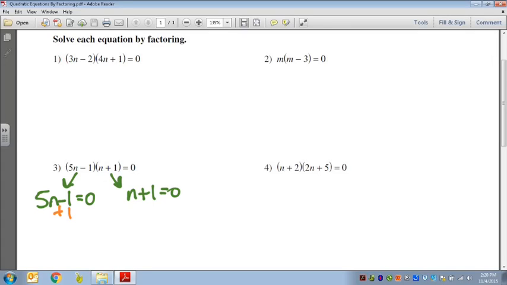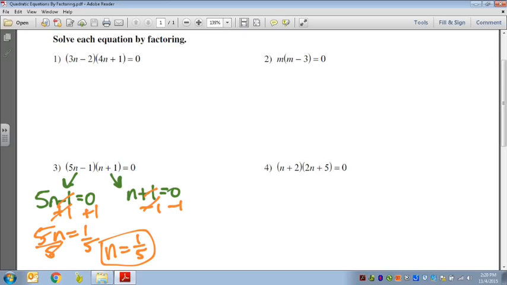Let's add 1 to both sides here. So 5n equals 1. Divide by 5. n equals 1/5. So that's one of my answers. Here we subtract 1, and n equals -1. So that's another one of my answers. Those would be the two places where my graph crosses the x-axis.